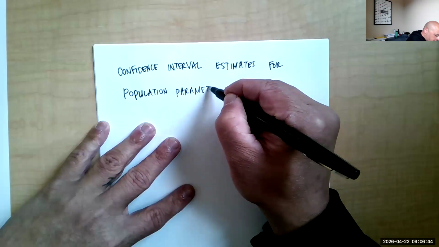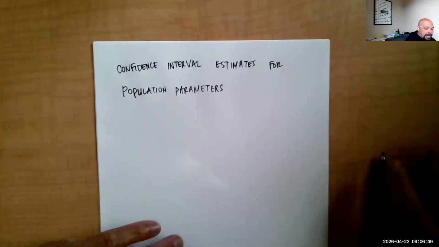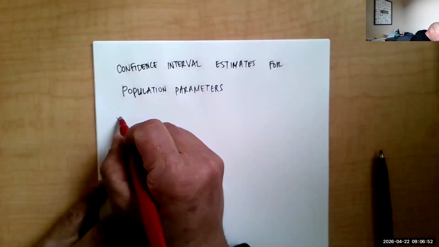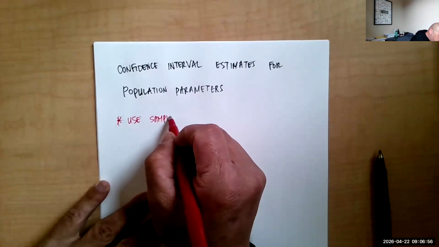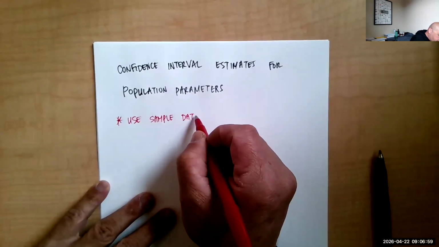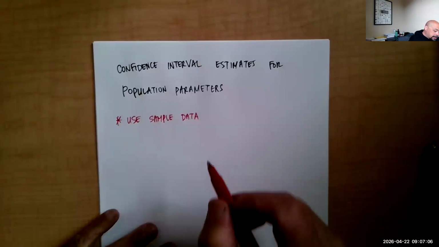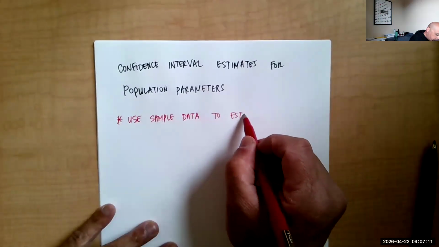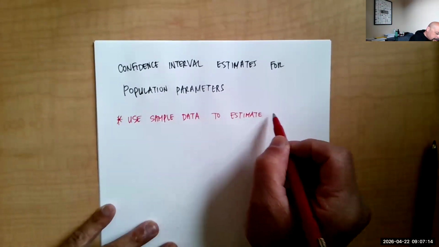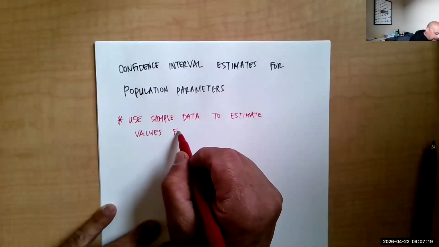The major idea is that we're going to use some sample data, whether from a raw set of data or from values that have been computed using sample data, to estimate these values, those parameters, for a population.